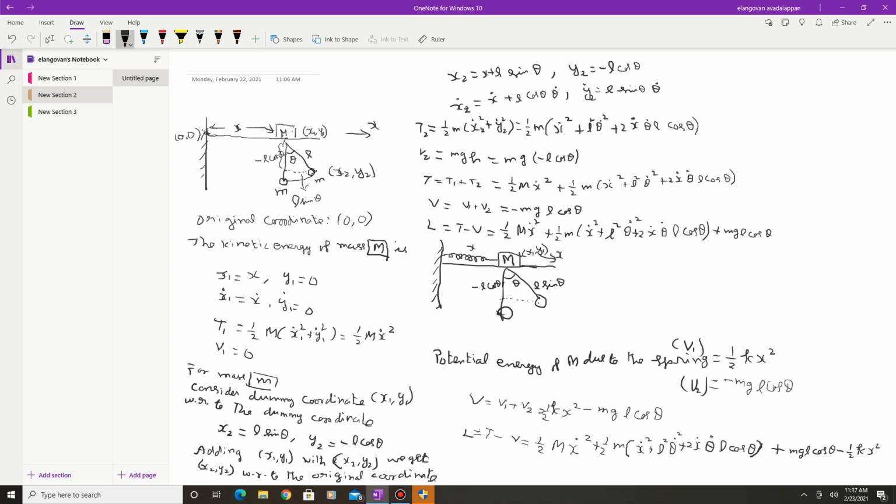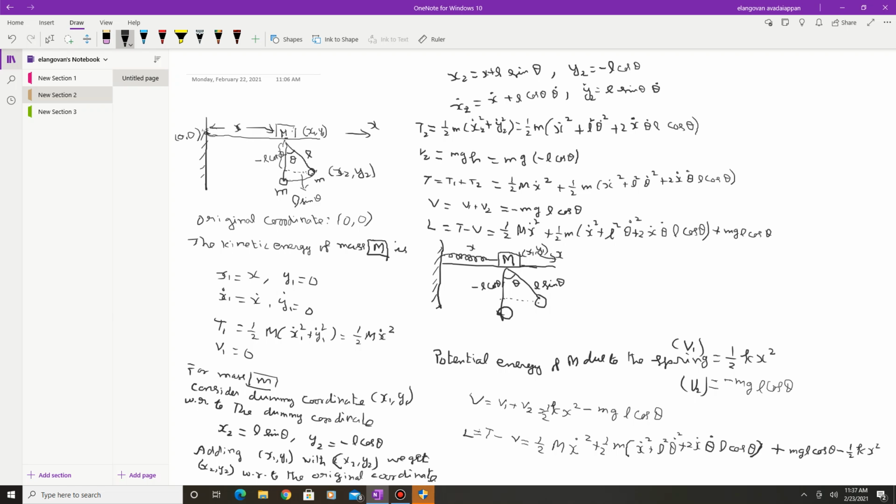For the present case, let us assume x1, y1 is a dummy coordinate. For calculating the kinetic and potential energy of the bob, we can assume x1, y1 is equal to 0.